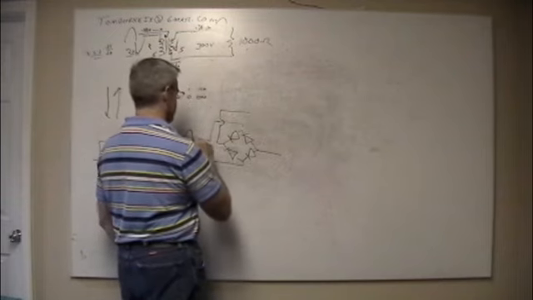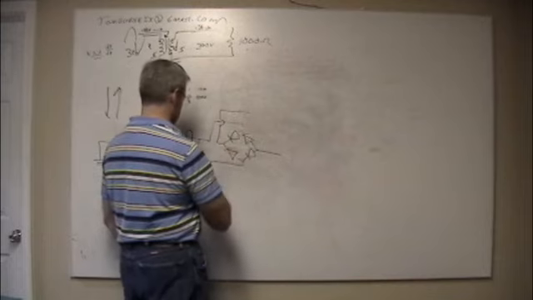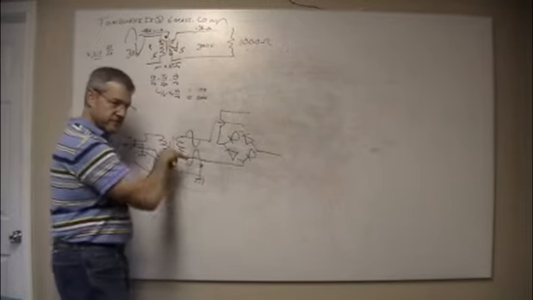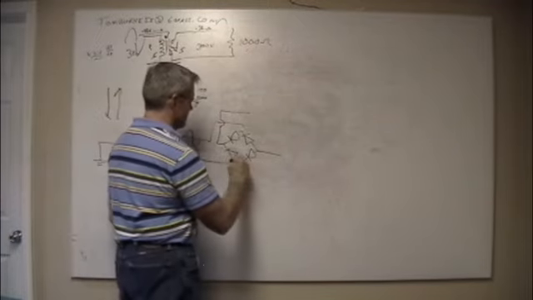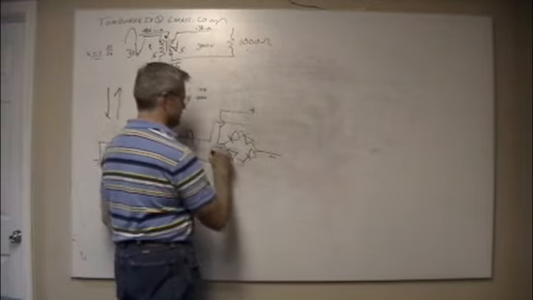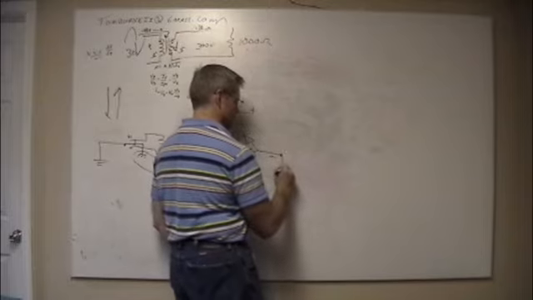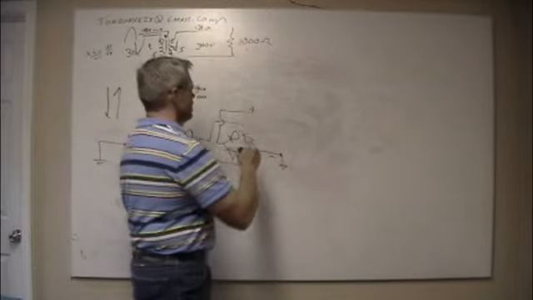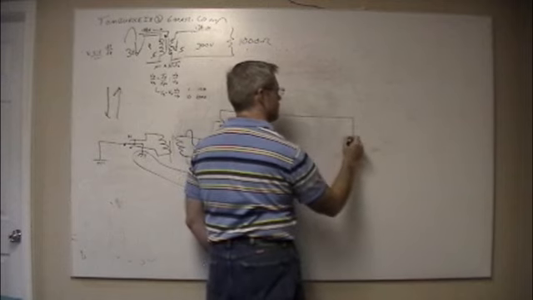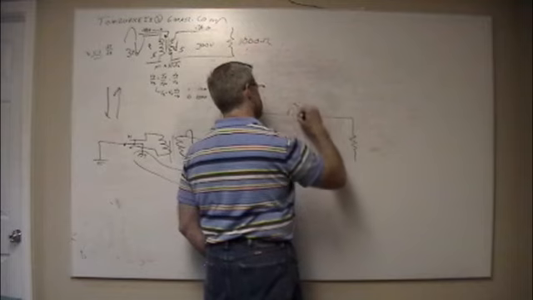If he's negative, which would mean the other half is positive because these two halves are out of phase, positive comes through, comes this way, comes back in, negative this way. Now I call this my ground. And when I look at my load, I see this.